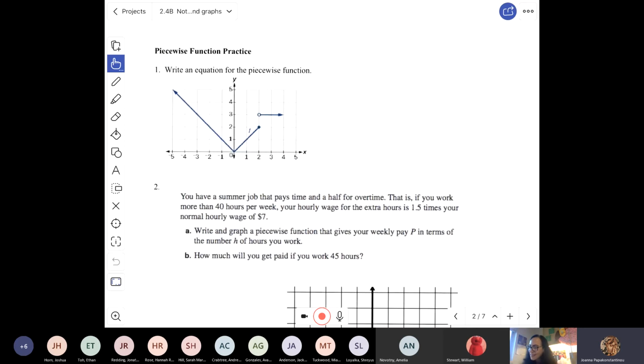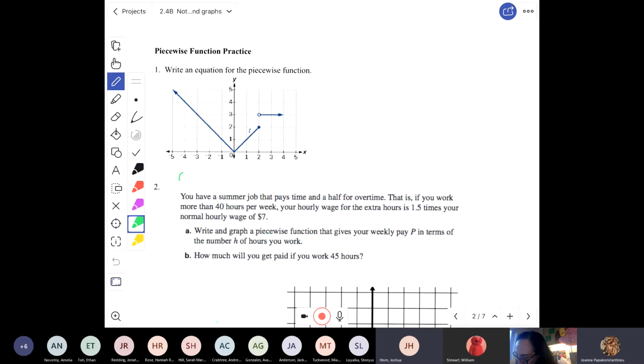If I wanted to write the equation for the piecewise function that is represented by this graph, does anybody have a clue? Well, the first thing I would do is define my intervals, my different pieces. So can anybody tell me one interval that we might want to pay attention to? What's the first interval?